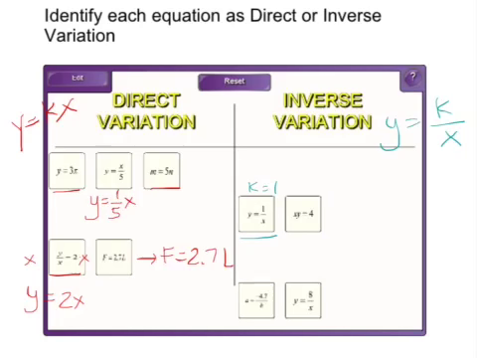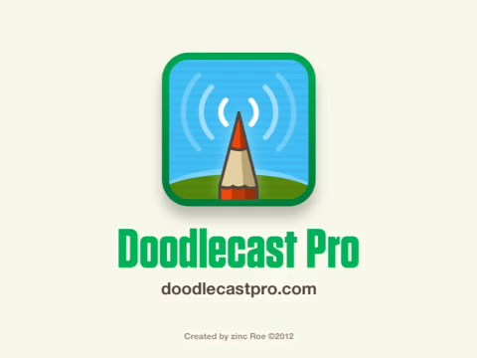The second one, though, we would need to solve for y by dividing out by x. And when we do that, we'll see immediately that yes, it is inverse variation. The next two examples are also easy to see. X is in the bottom of that expression. Once we get y alone, then it's very easy to see direct or inverse variation.